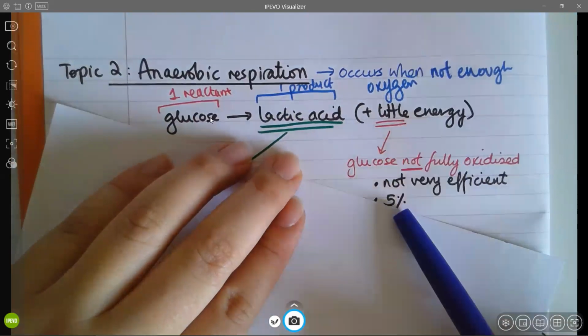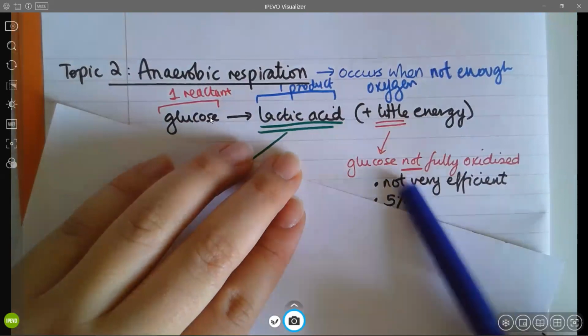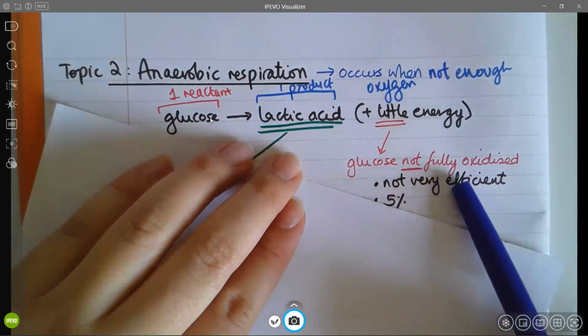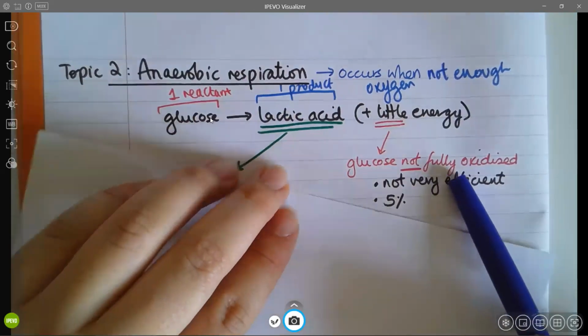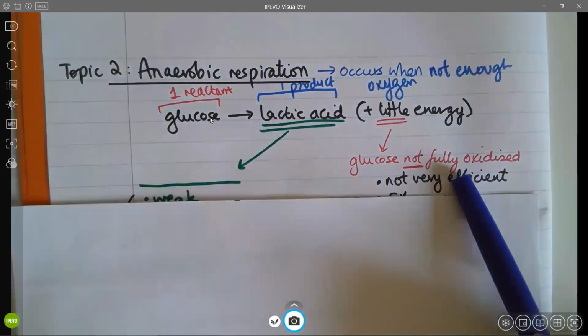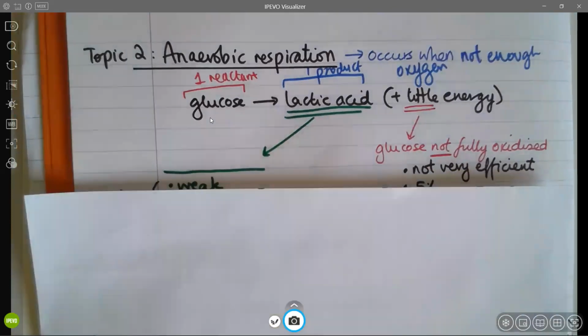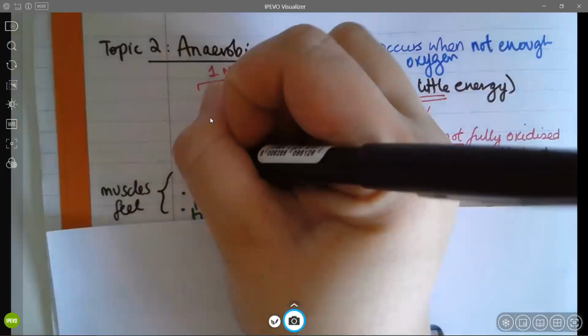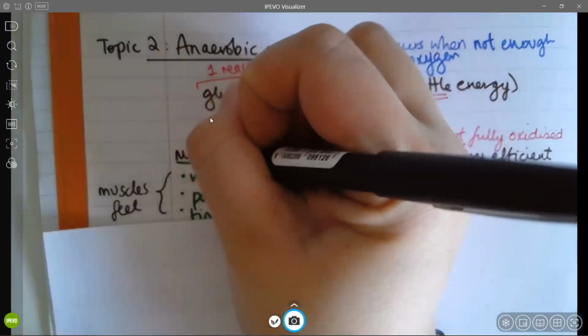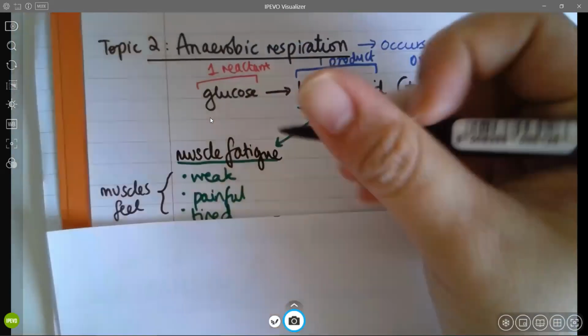And in fact, there's only 5% of the glucose being oxidized. Another problem with anaerobic respiration, even though you do get a bit of energy, is that the lactic acid can cause muscle fatigue, like muscle tiredness.